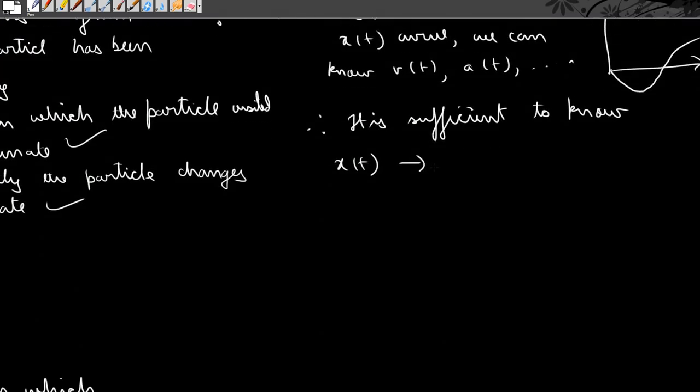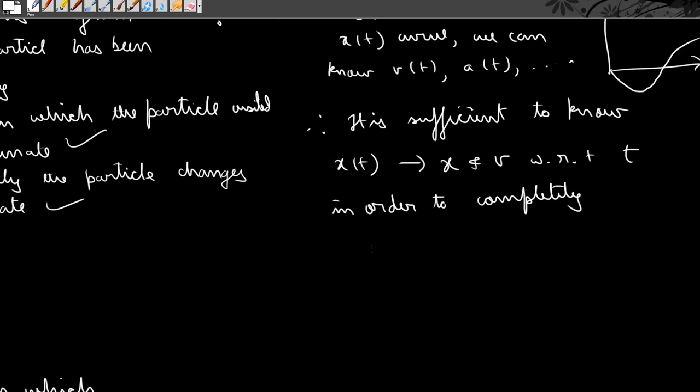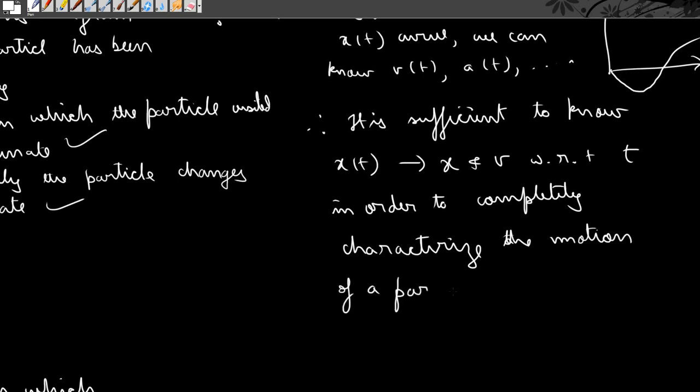So it is sufficient to know x of t or x and v with respect to time t in order to completely characterize the motion of a particle or a system of particles.